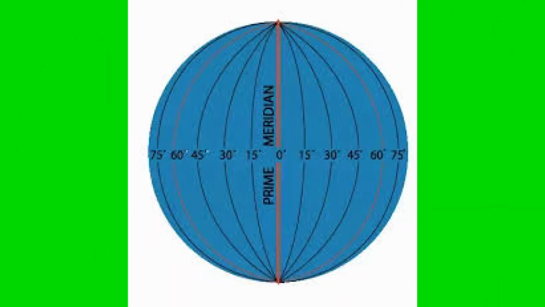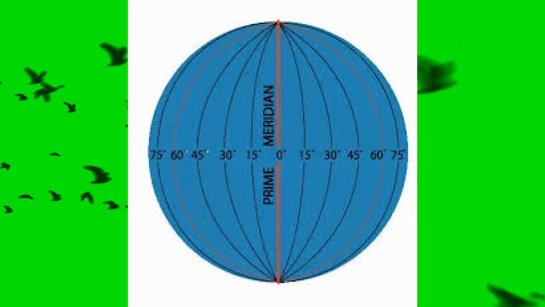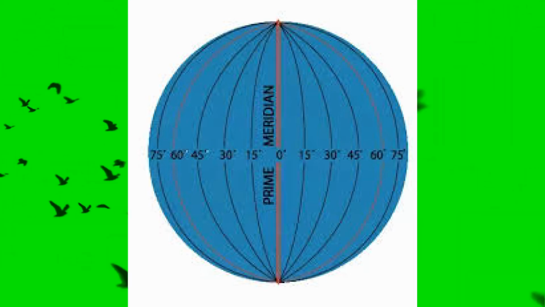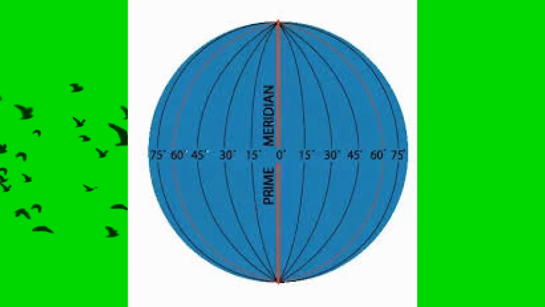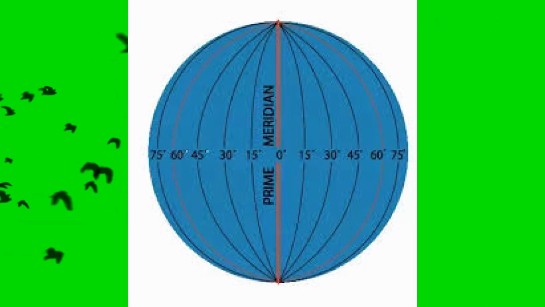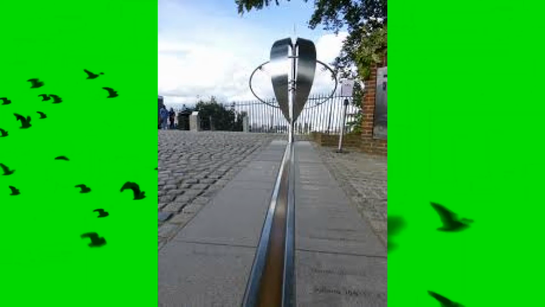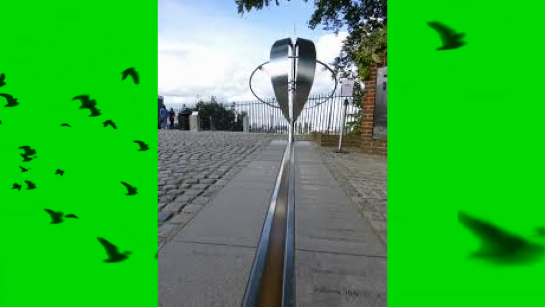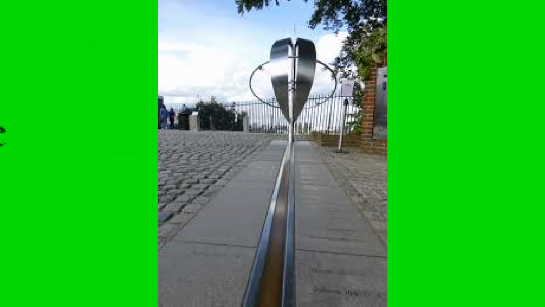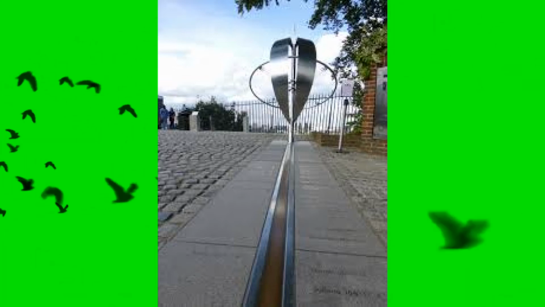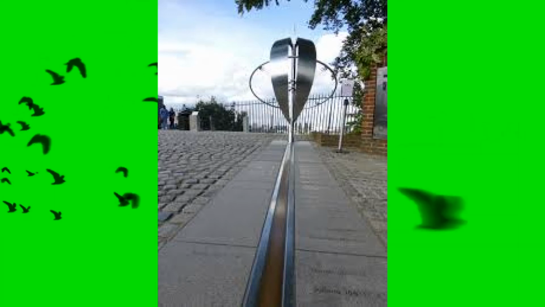Now like the parallels of latitude, lines of longitude are also numbered. There are total 360 lines of longitude, and the 0 degree longitude is called the prime meridian. The prime meridian passes through Greenwich near London and 7 other countries. Yes, 0 degree longitude जिसको हम prime meridian कहते हैं वो Greenwich से पास होता है.